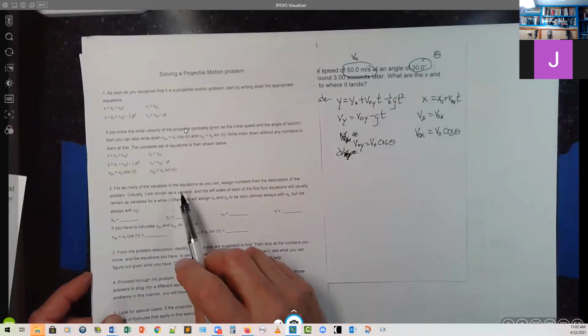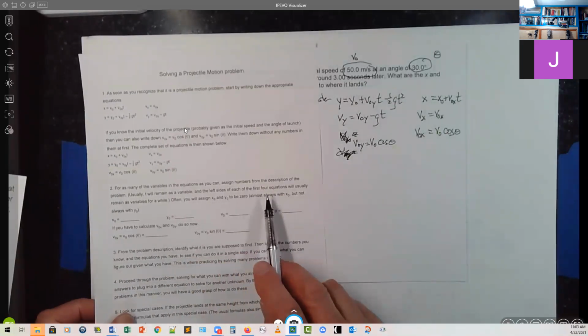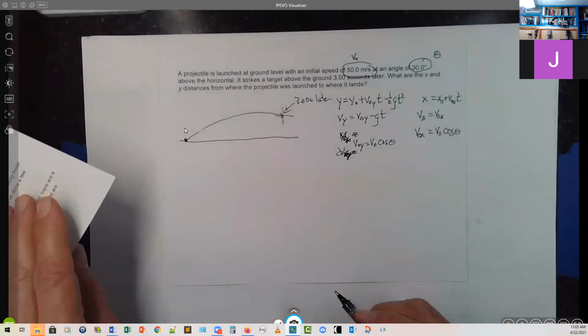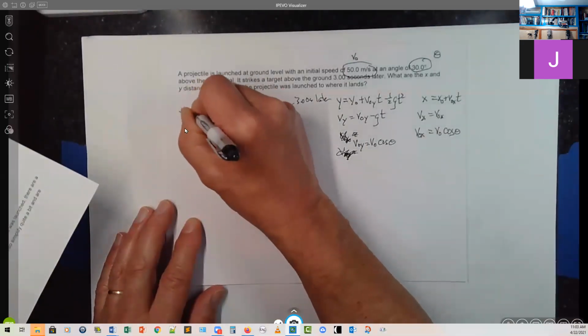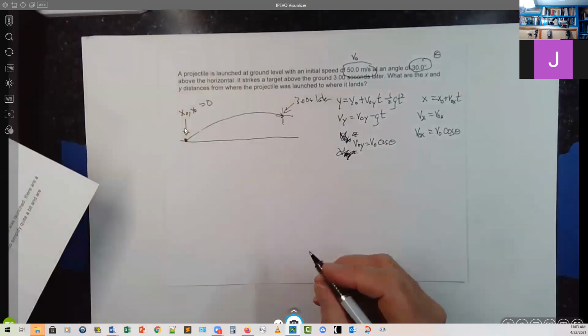So for as many of the variables in the equations as I can, I assign numbers from the description of the problem. Okay, I'm going to let x naught and y naught both equal 0. So that's some simplification.